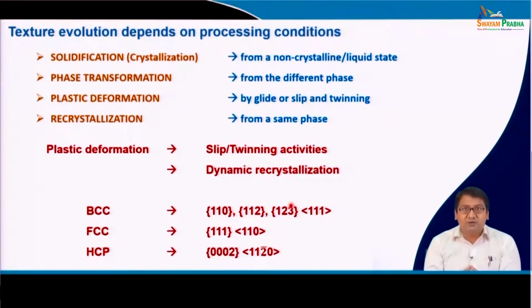So, depending upon the strain rate, the temperature of the deformation and the amount of strain induced during the deformation, the body centered cubic material will develop a certain kind of texture.